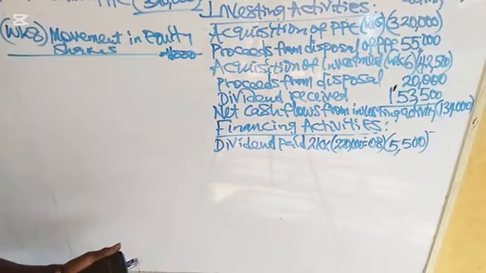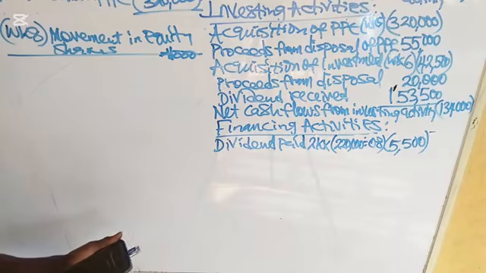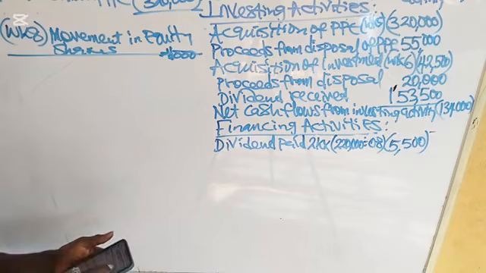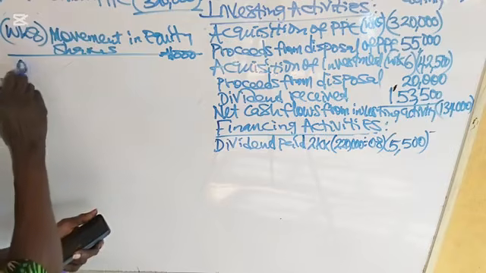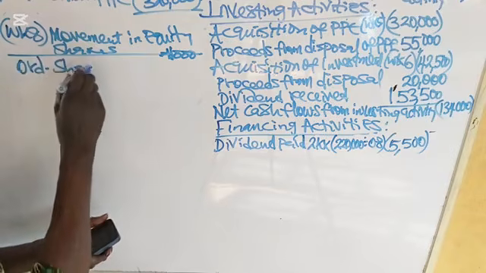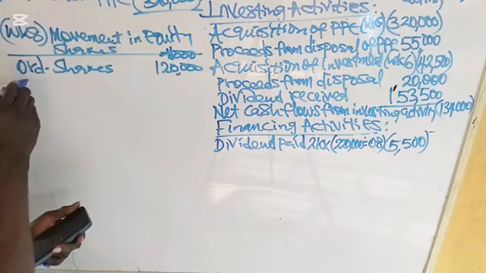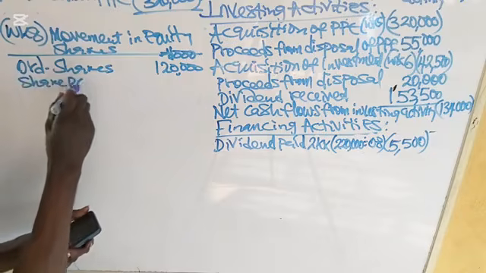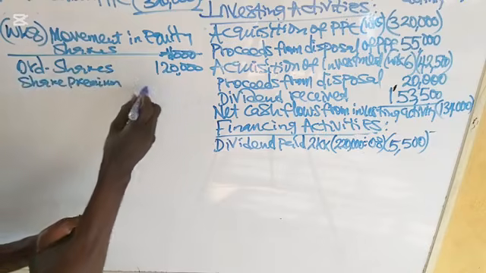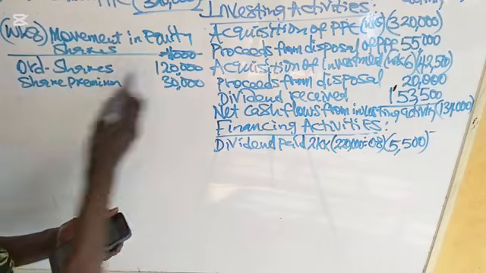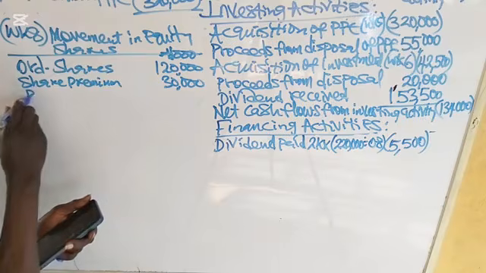How much is it? 120,000 for ordinary shares. The share premium is 30,000.